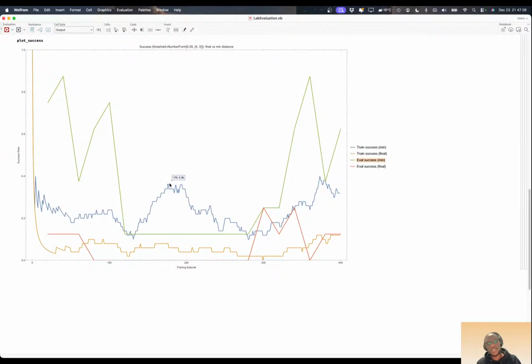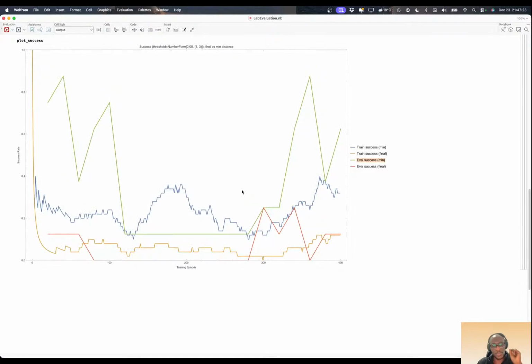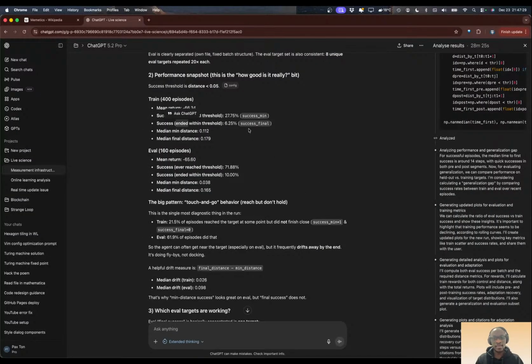Those within the threshold are below the threshold, and that's the 6.2% of all of them, the final success. This is quite bad. We are really doing badly.